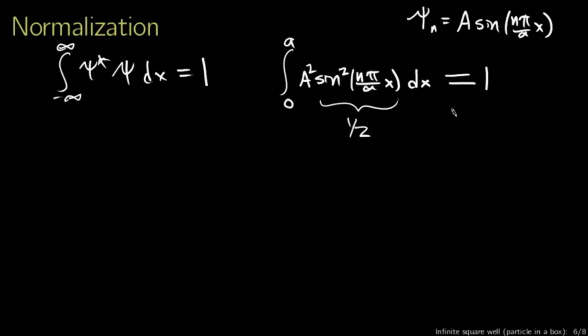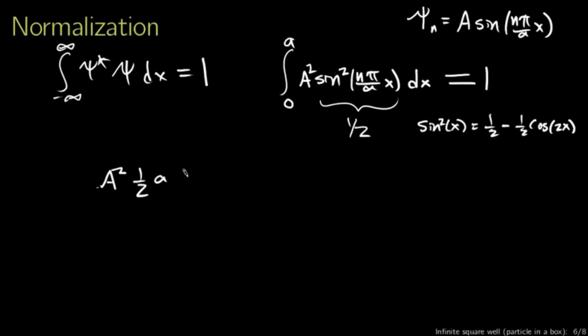If you want to do the integral here more rigorously, you can make the substitution that sine squared of x is a half minus a half cosine of 2x, and the integral of cosine you can do. But for now, I'm just going to simplify this and say the sine squared part averages out to a half. And what we end up with then is A squared times a half of the actual interval we're integrating over, 0 to a. So technically this should be a minus 0, but you get the idea.